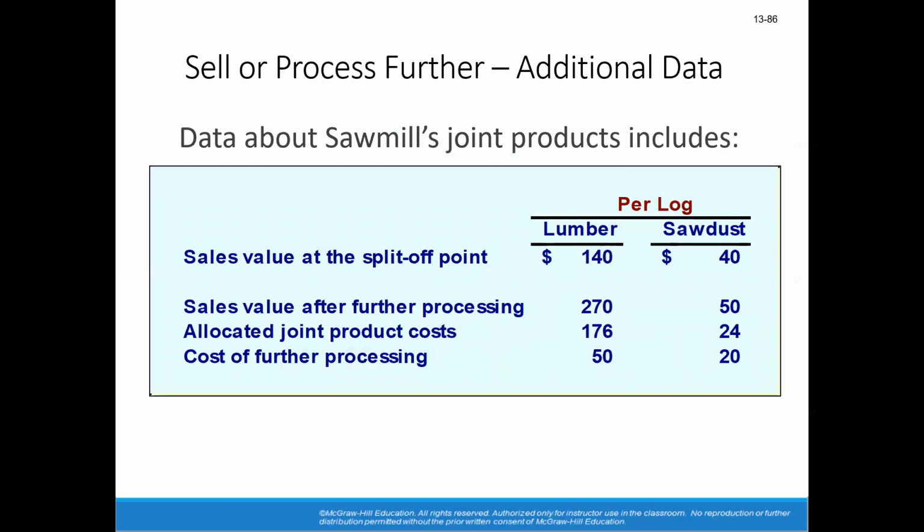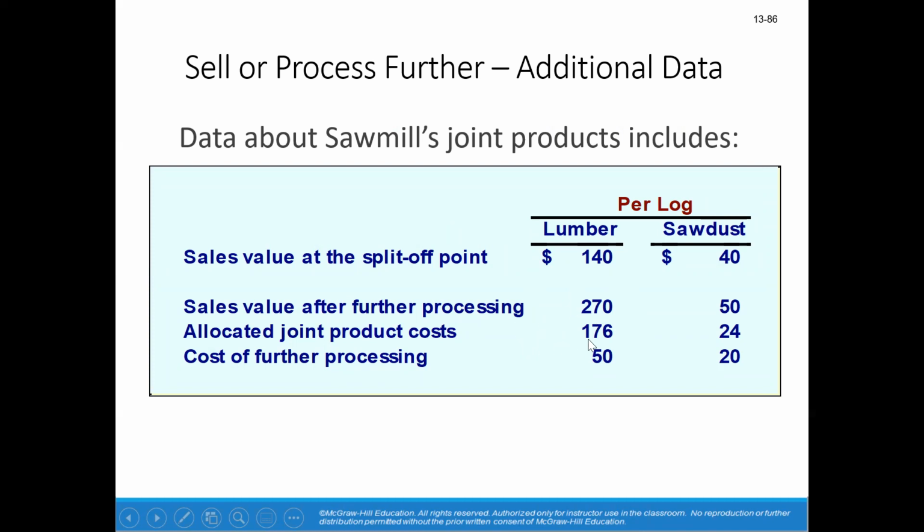So here we've got lumber and sawdust. Here's the value at the split-off point of the lumber and of the sawdust. The sales value after taking this lumber and processing it further is $276.